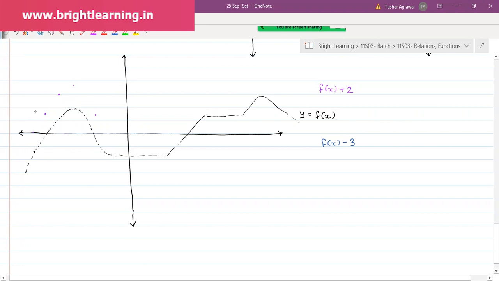It will come over here. So the graph will be something like this. And for f of x minus 3, the graph will be shifted 3 units downwards.